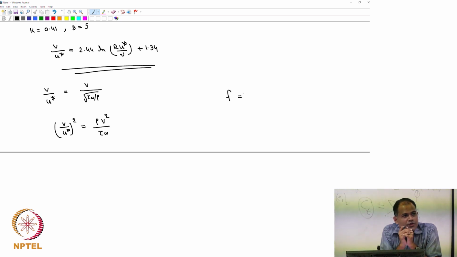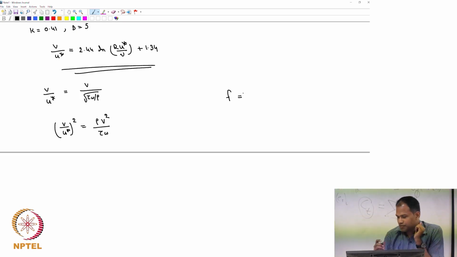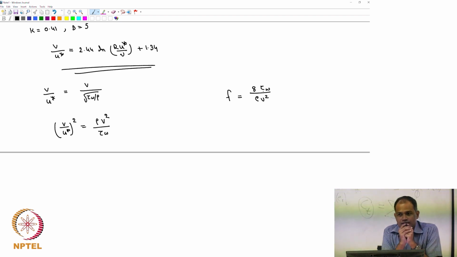It will be there where we introduced a friction factor for the first time. Yeah, somebody says 8 tau W by rho V square. Check whether it's there now in the notes.